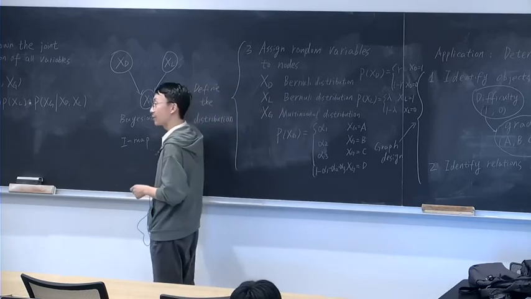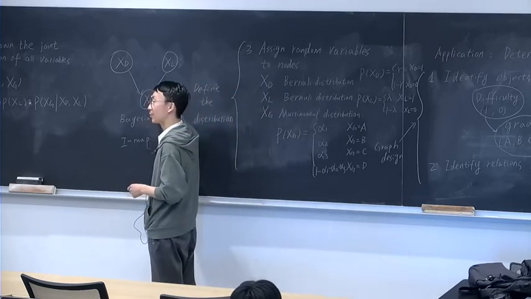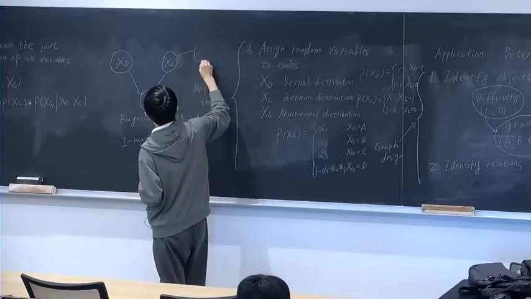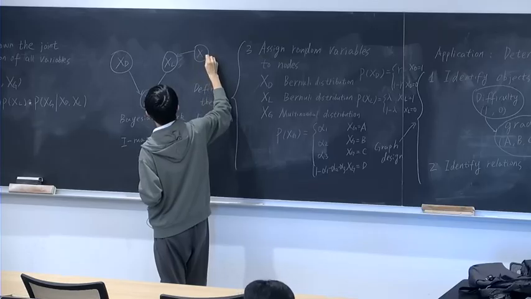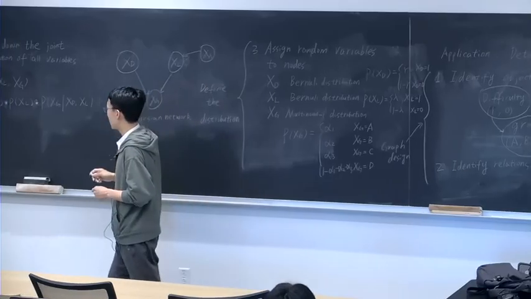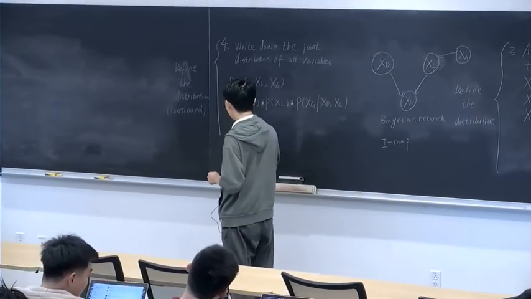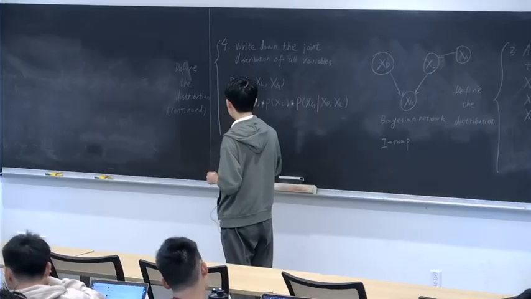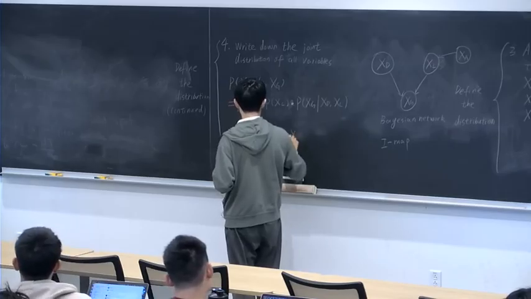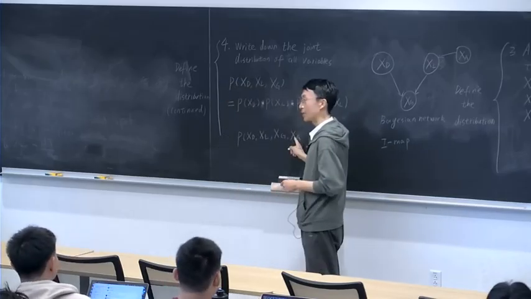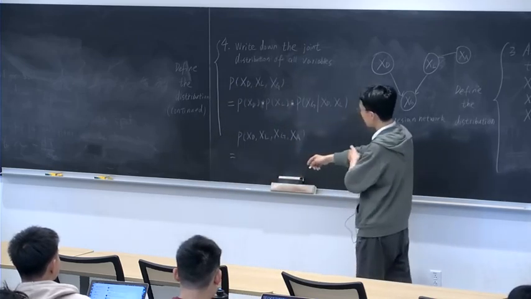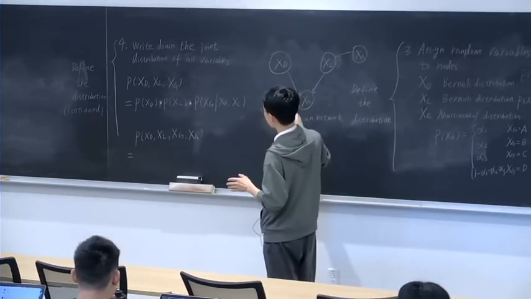If xl has a parent node, let's say there is another variable, xa, then you have a different graph. Then we have the joint distribution over 4 variables instead of 3. We have an additional random variable xa, and the procedure is the same.